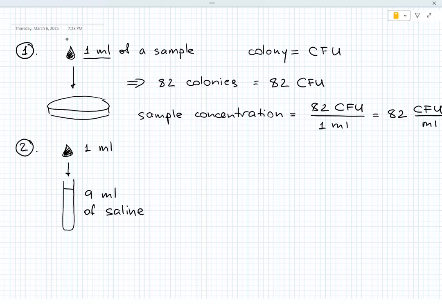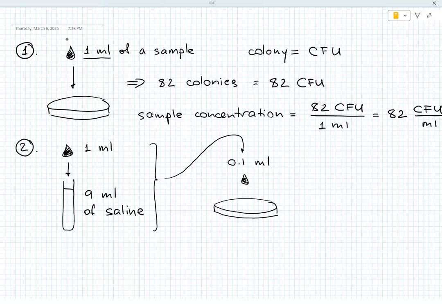Yes? Okay. And then we take this dilution and we add 0.1 milliliter of it onto the petri dish. I'm just reading the problem right there. Okay? And out of this, we get 200 colonies, or colony forming units.